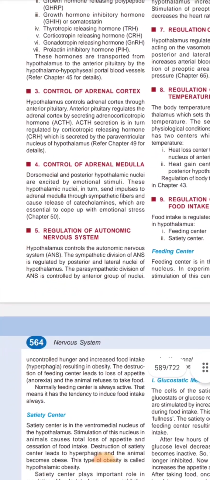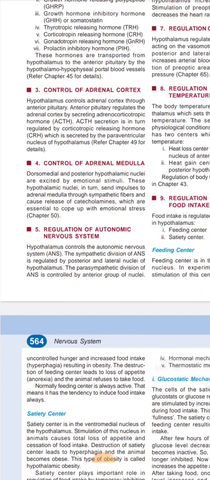Again, this ACTH is in turn regulated by corticotropin releasing hormone, which is secreted by hypothalamus. That is the meaning. Next, control of adrenal medulla. So adrenal medullary hormones like epinephrine and norepinephrine are also in turn regulated by hypothalamus.